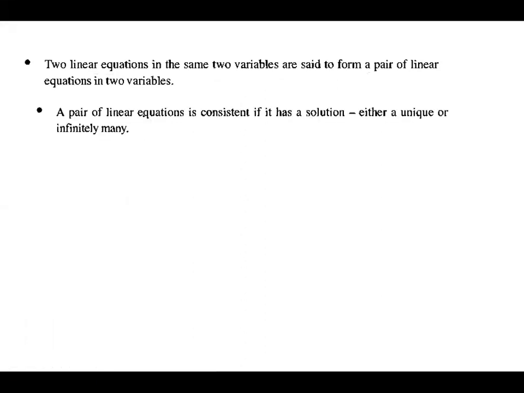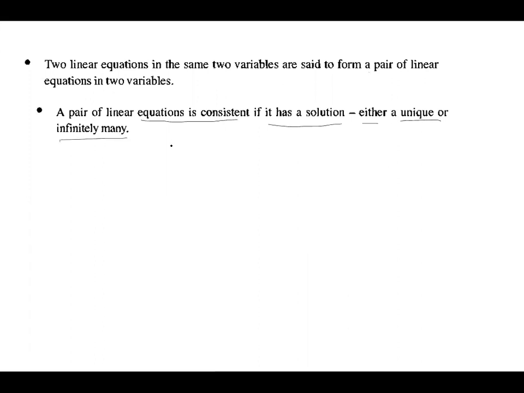So let us again summarize the concepts we are going to learn in exercise 3. Two linear equations in the same two variables are said to be a pair of linear equations in two variables. The pair of linear equations is consistent if it has a solution, either a unique solution or infinitely many solutions.